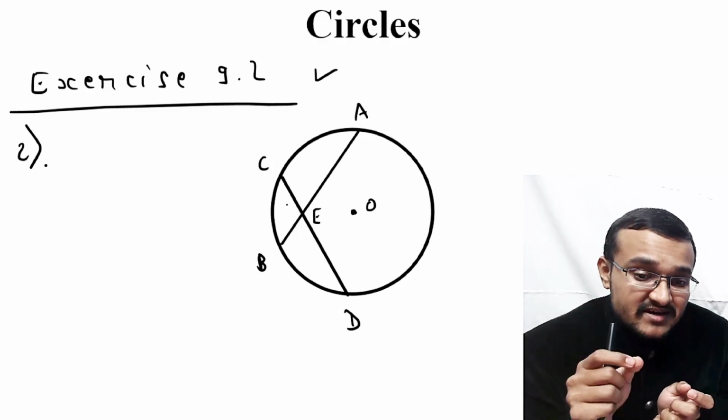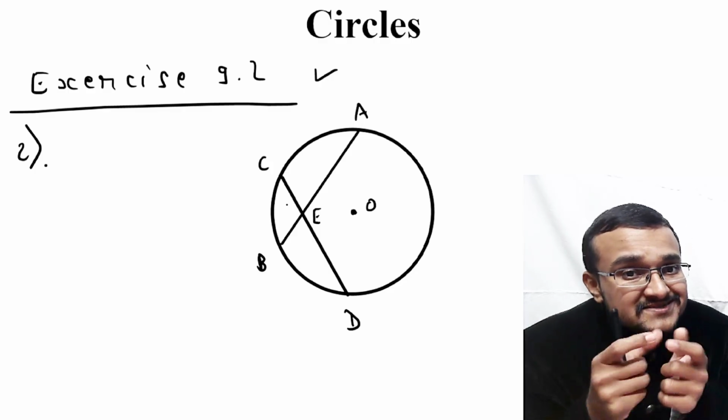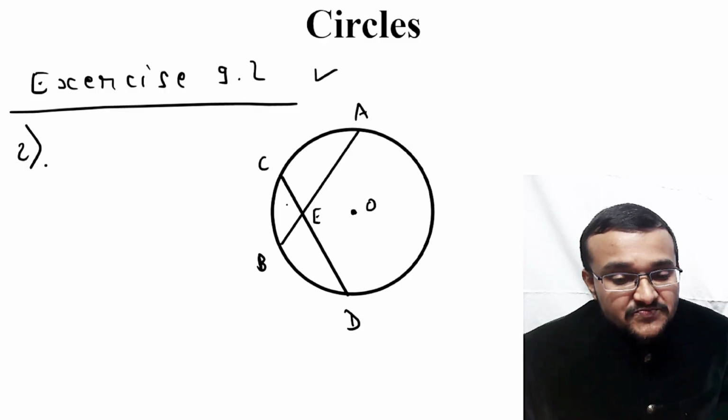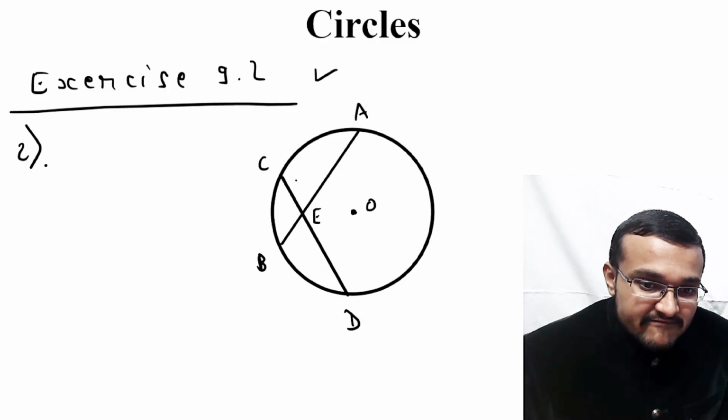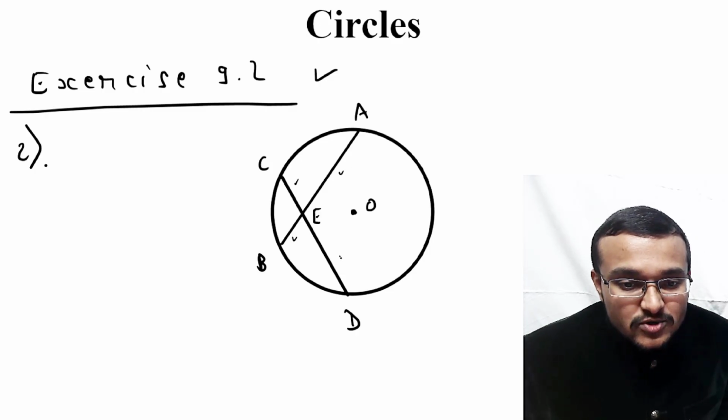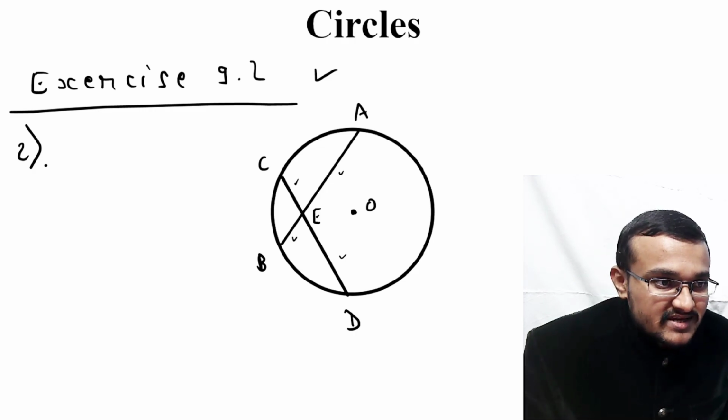That means you need to prove the corresponding segments of both the chords are equal to each other. That is, you have to prove CE is equal to BE and AE is equal to ED.